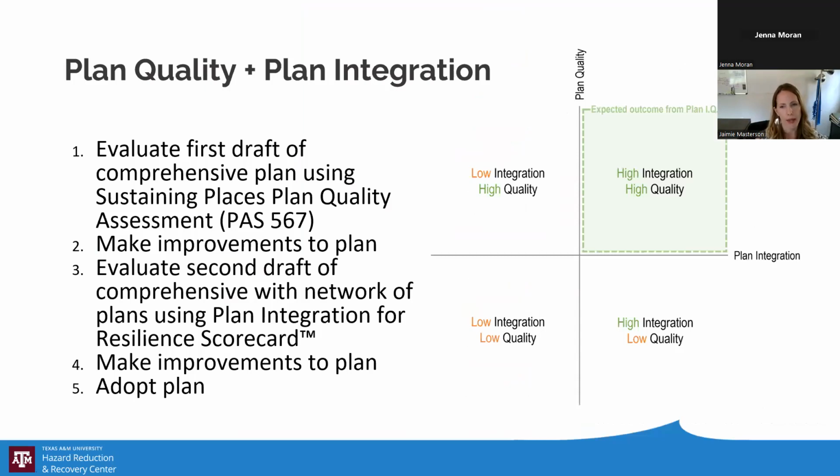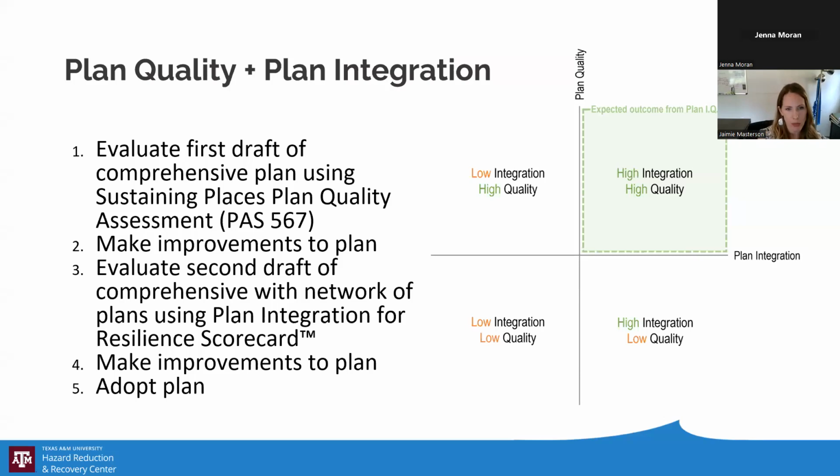And so as they were thinking about the comprehensive plan, they also wanted it to be a high quality comprehensive plan. I know that there's many different things that you can take on as a planner, as a manager, but there are lots of different types of tools out there, and there's actually lots of different types of plan quality tools out there.